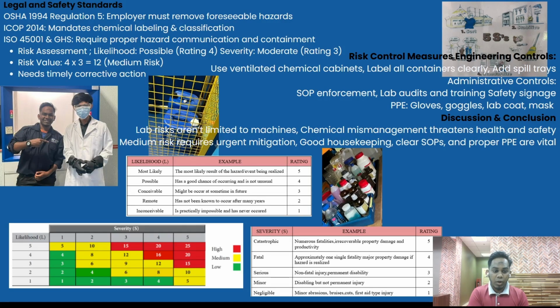Furthermore, administrative control, including SOP, enforcement, safety audit, training, and so on, and also PPE. PPE such as proper gloves, proper glasses, and if we wear gloves, we need to wear two layers of gloves, and also we need to always apply 5S.